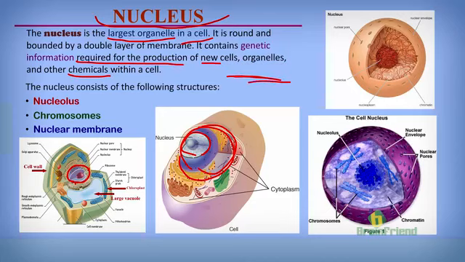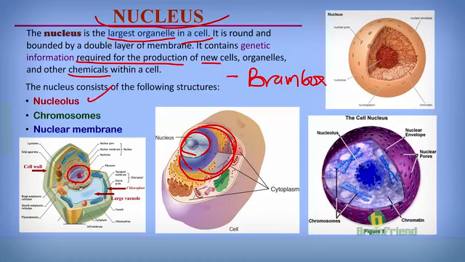The nucleus is also called the brain box. We call it the brain box of cells, because that is where the instruction to manufacture different items, instruction to manufacture new cells are given.